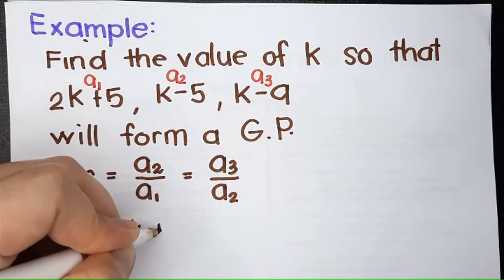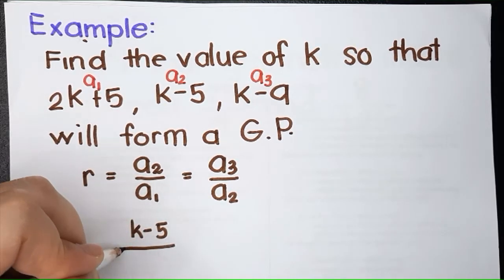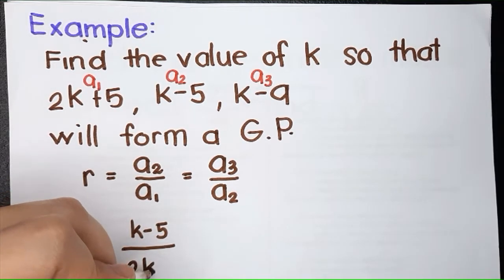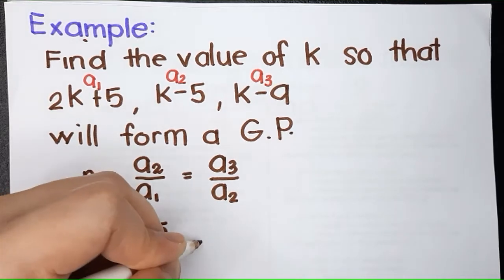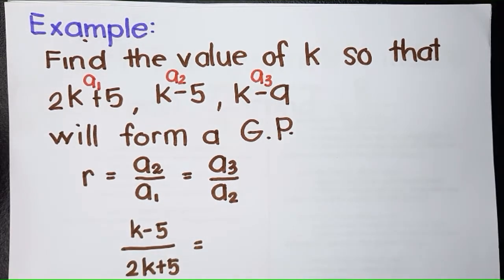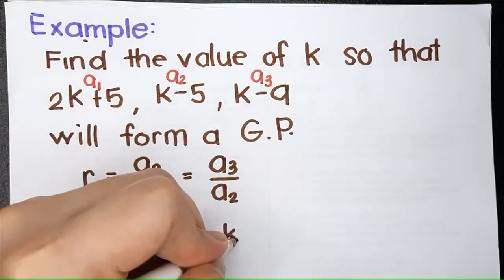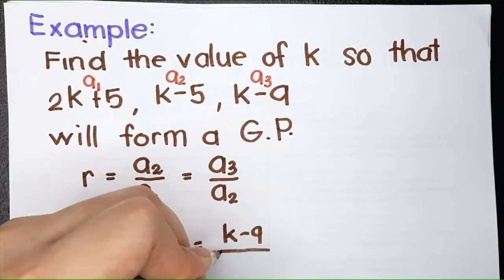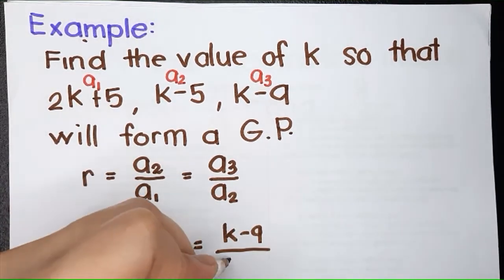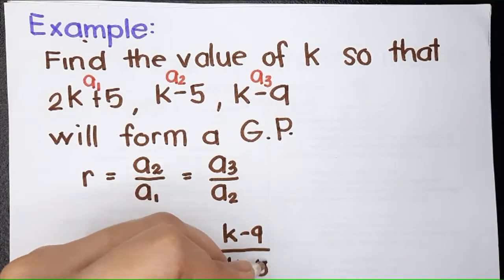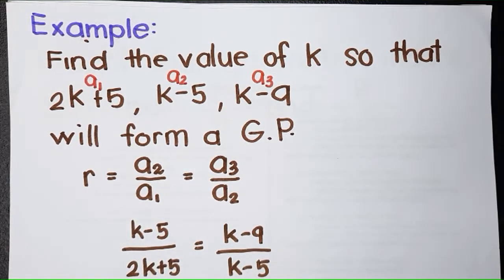So, we have k minus 5 for A sub 2. Our A sub 1 is 2k plus 5. And this is equal to A sub 3, which is k minus 9, over A sub 2, which is k minus 5. Okay? And we do the math. We do the algebra.